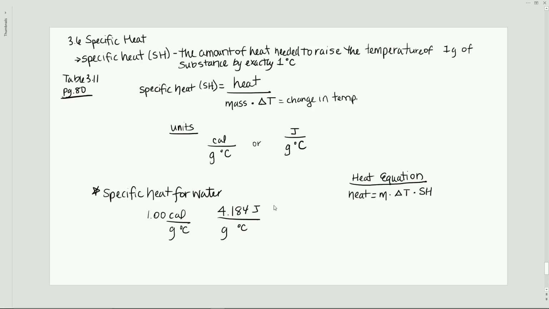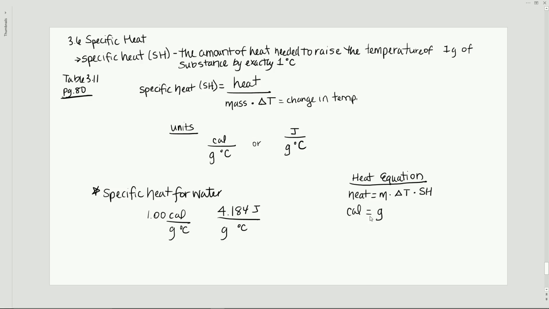So one thing that's important is in order to calculate specific heat, you need to know how much heat you've either lost or gained. So the equation for heat is written here. Heat is equal to mass times the change in temperature times specific heat. So if they want you to calculate heat in calories, then this is how the units work out.